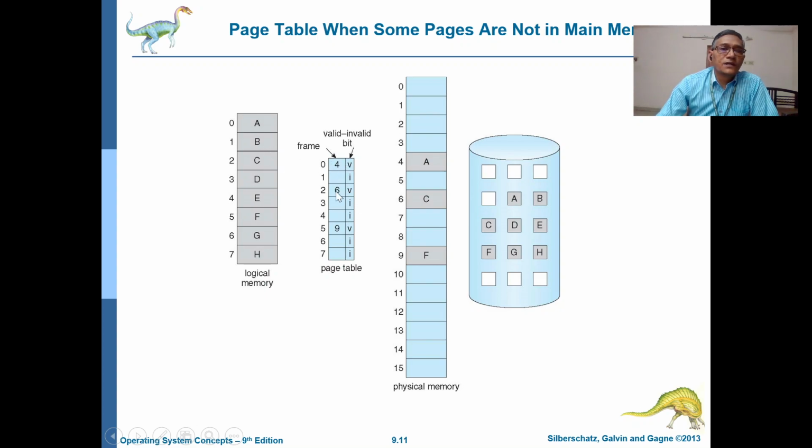Here only 4, 6, 9 are there. Whenever the user process references 4, 6 and 9, there is no problem, because the valid bit is V. If any other reference comes, it is I, so we need to bring that particular page from secondary storage to physical memory.